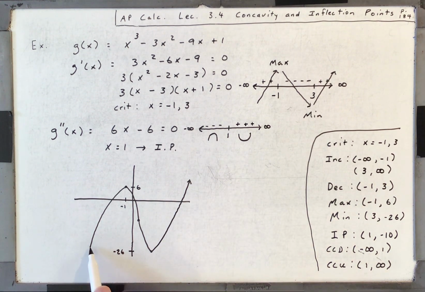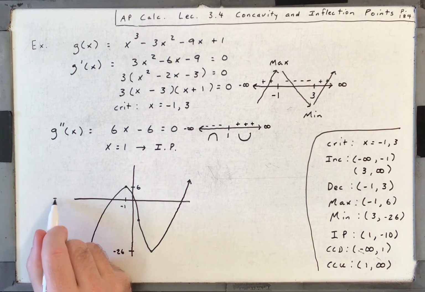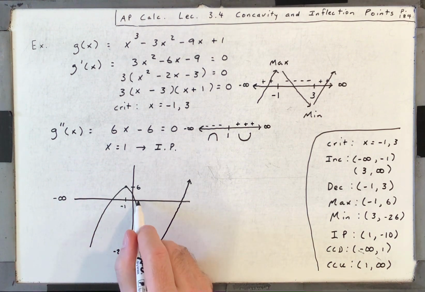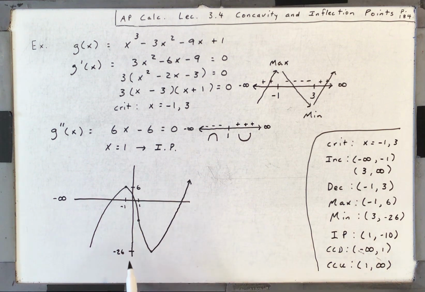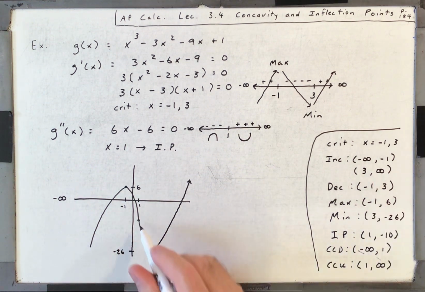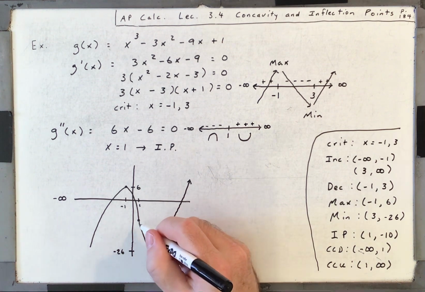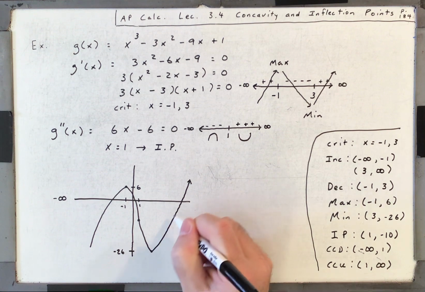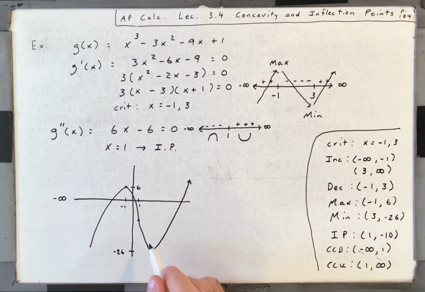So concave down from negative infinity to 1, increasing till we get to negative 1. So you just have to look at all these intervals. And then I tried to make it obvious that we switched, it's concave down, and then the bowl kind of switches to concave up there.